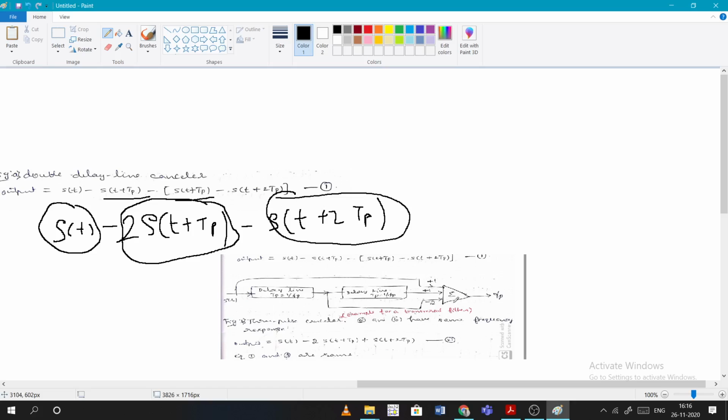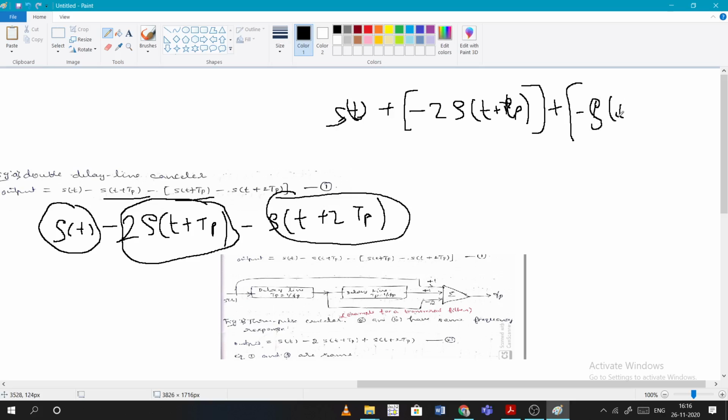So we can write the same thing as s of t, plus minus 2 s of t plus tp, plus minus 1 of s of t plus 2tp. This line has a gain, and here it is a positive value, that's why it is plus 1.